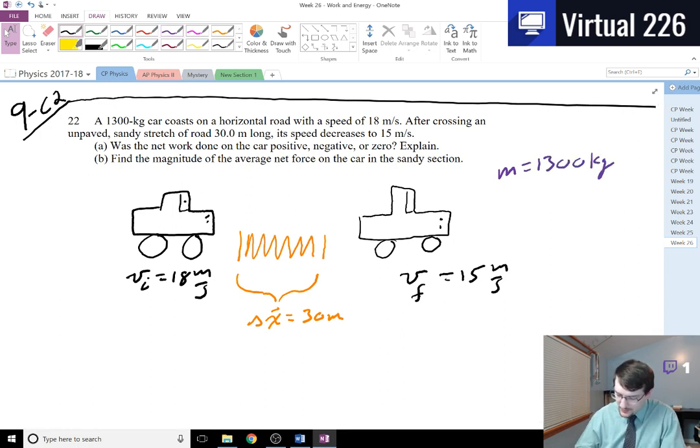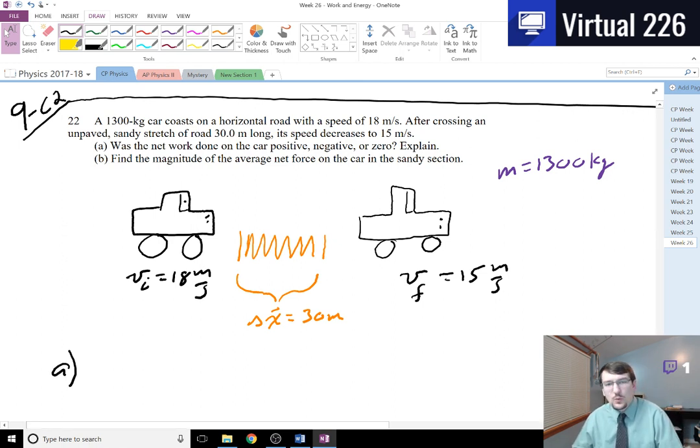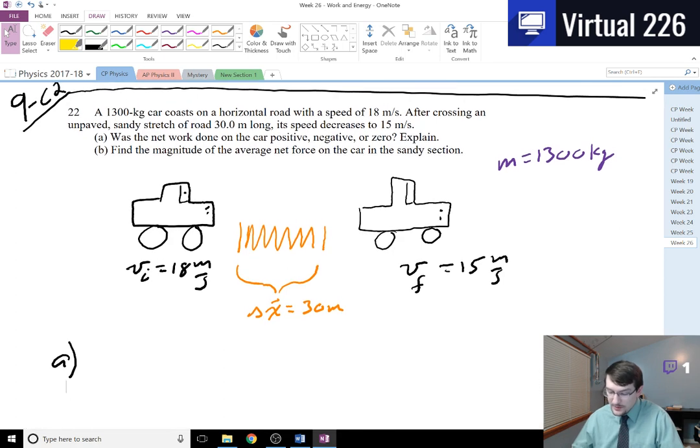For part A, we're just trying to determine: is the net work done on the car positive, negative, or zero? To explain that, we know that the work done on this car is going to be negative. The reason is our car has slowed down, which means there is some force opposing its motion.